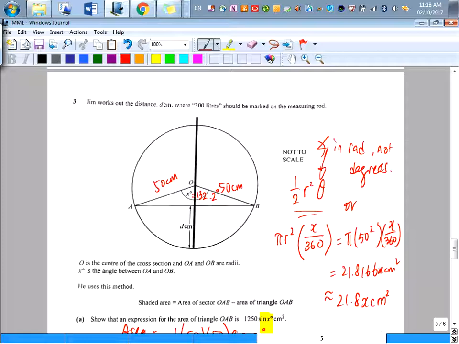You have a lot of formulas that you memorized, but it's a matter of choosing the correct one to use. So what do you think? Okay, radius, 50 centimeters, what do we do with it? This is what I need you to be thinking of during your exams.